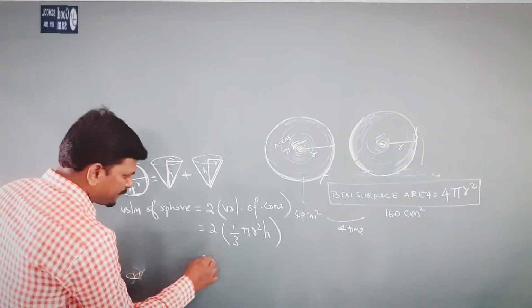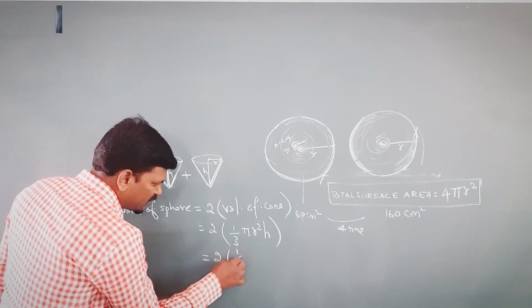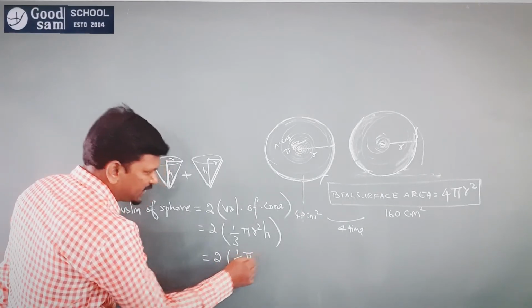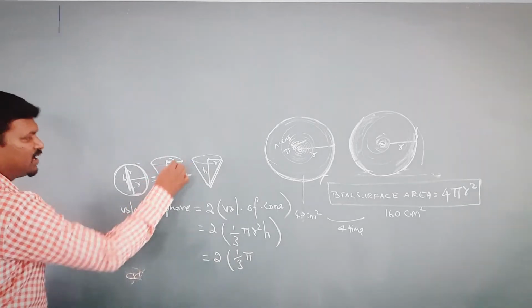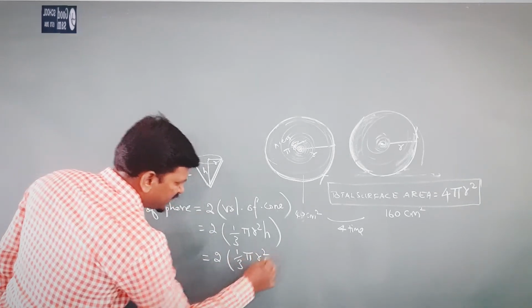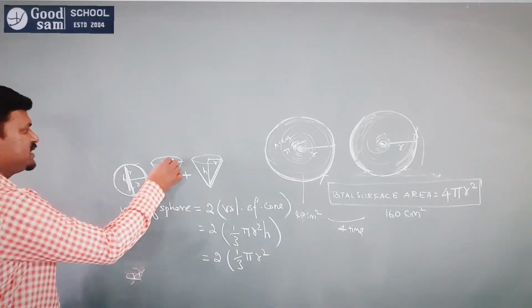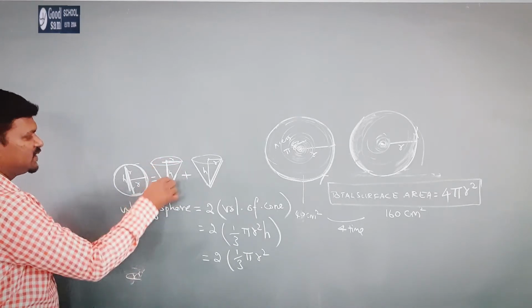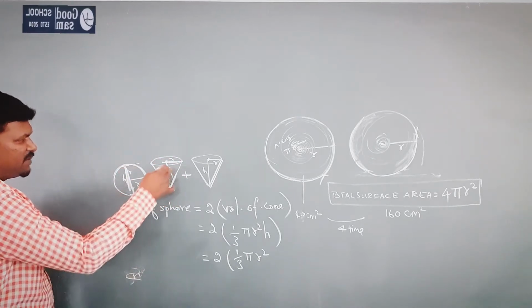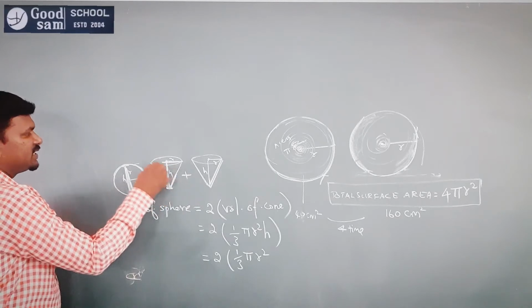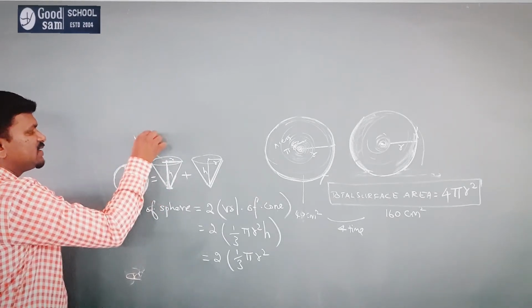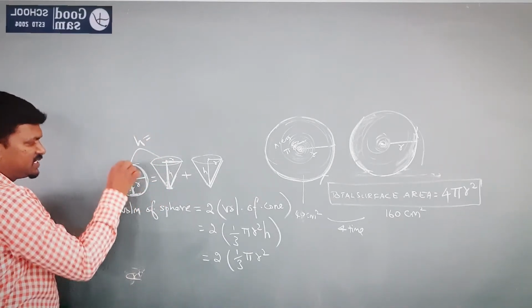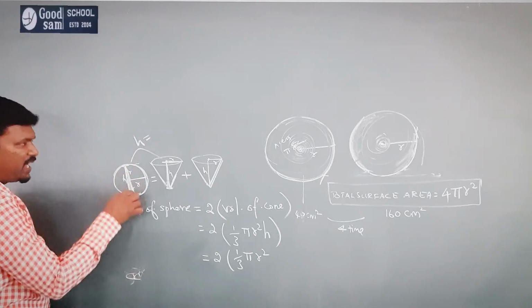2 into 1/3 π, here what is r? r square. Then the height will be the same height. Here h is equal to r plus r. This radius plus radius becomes the height.